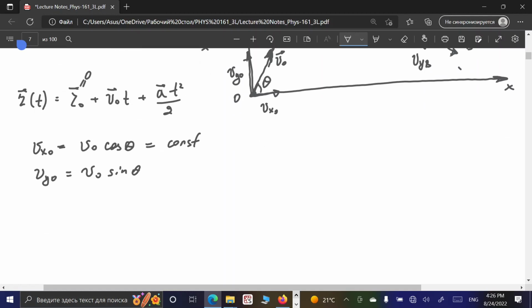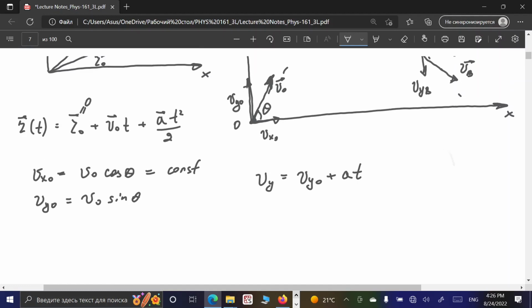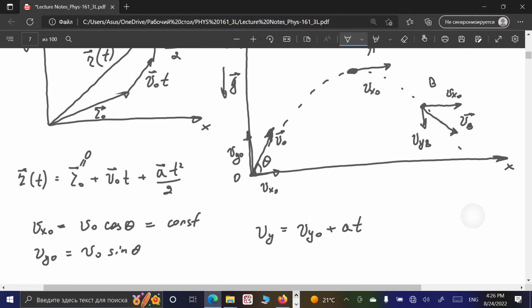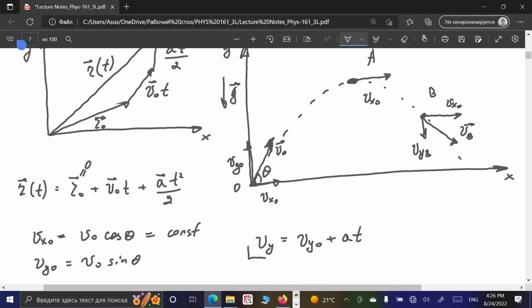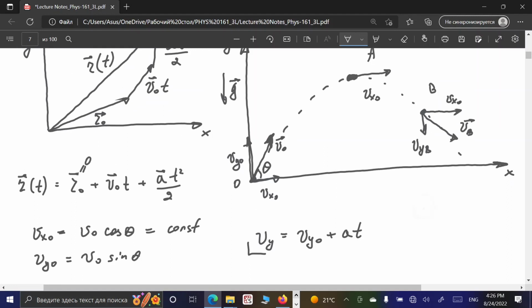Now let us write the expression for velocity along axis y as a function of time. So we can write that vy is equal to vy naught plus a times t. This expression will be valid until we reach point A, the maximum point of the trajectory, amplitude, height.